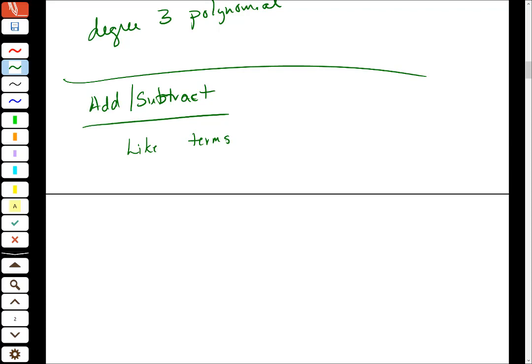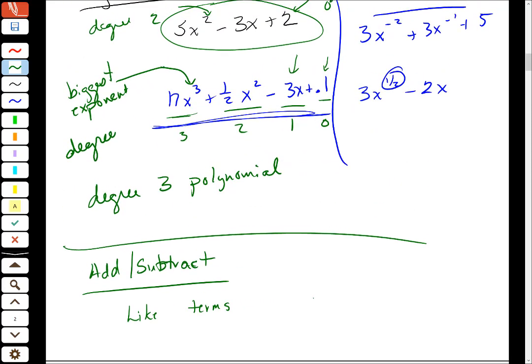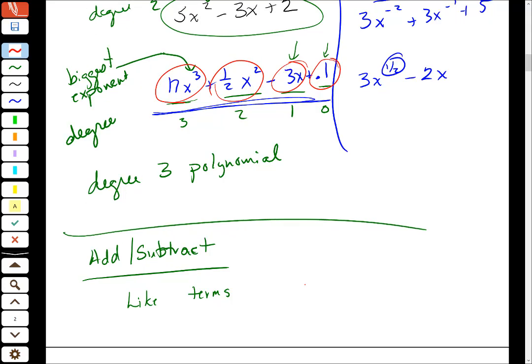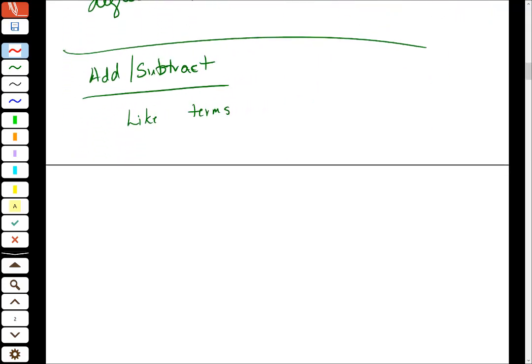So terms that are alike, so up here this polynomial has 4 separate terms. 1, 2, 3, 4. It has 4 separate terms. Sometimes we'll have 2 different polynomials and the terms will be similar. Like terms have the same base and the same exponent.